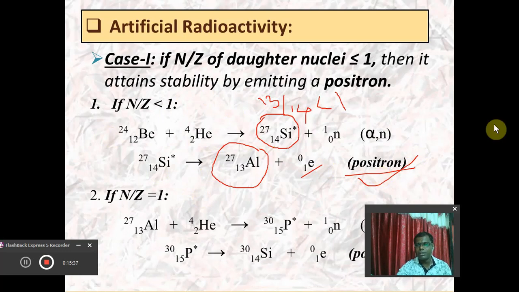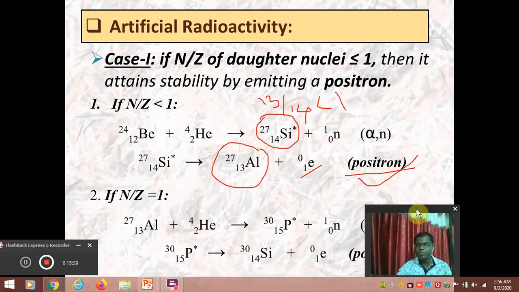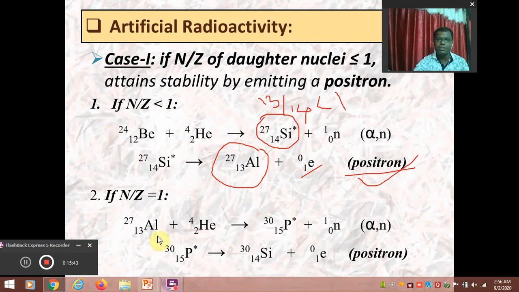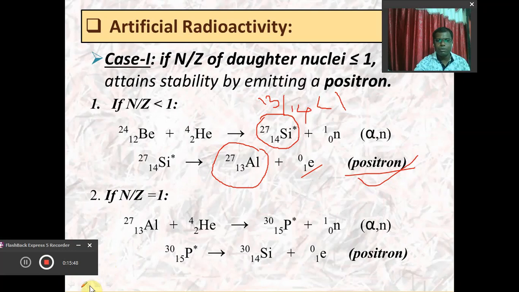Instead of this, if the N by Z ratio of the recoil nucleus is equal to 1, we will discuss with some example. Here the target element is again bombarded by an alpha particle, a helium particle, so it gets converted into phosphorus. This is the recoil nucleus.